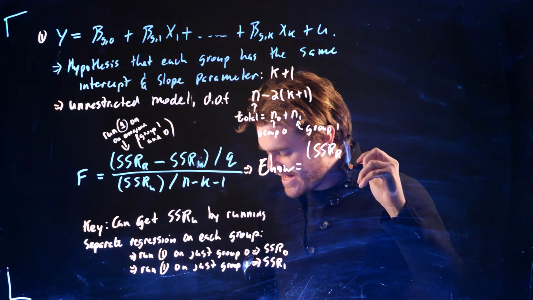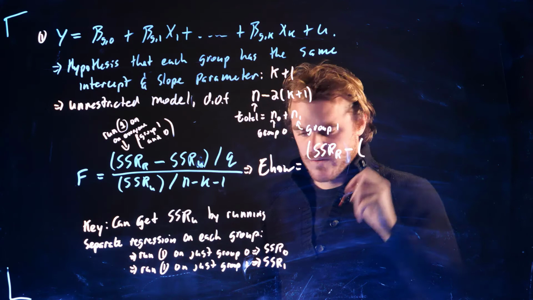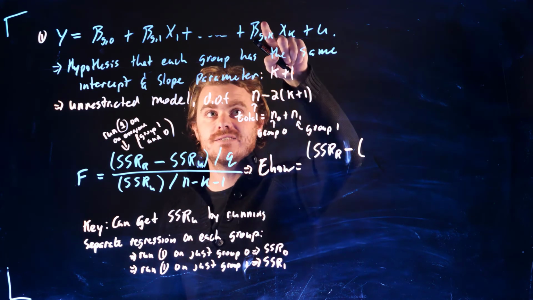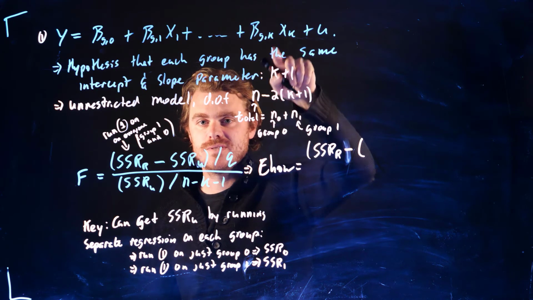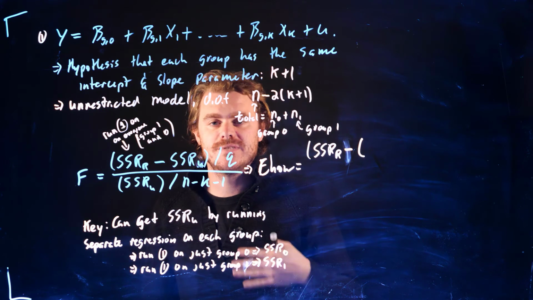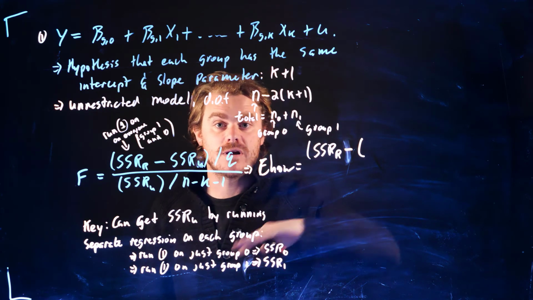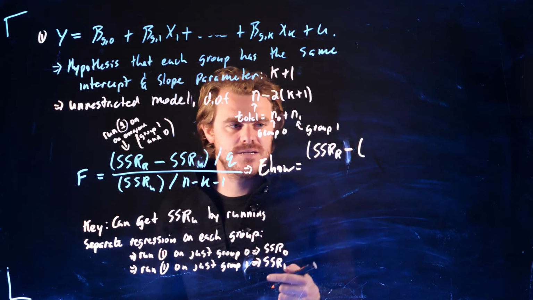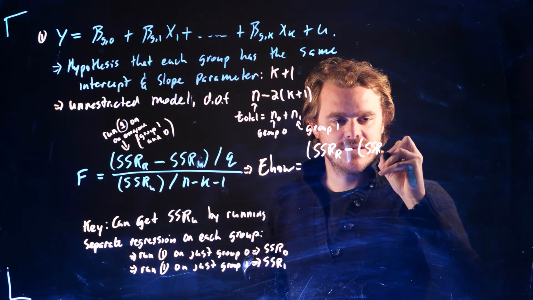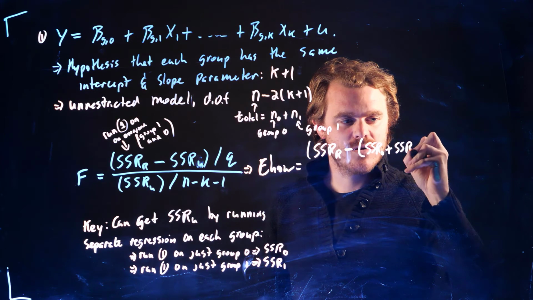And the key here is that we can just add these two SSRs together by running this regression separately on the groups. If we run them separately, that allows them to have different intercepts and different slopes, just because we're running them separately. There's no constraints. So instead of SSRU here, we have SSR 0 plus SSR 1.